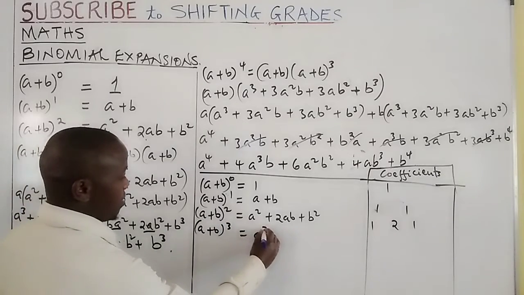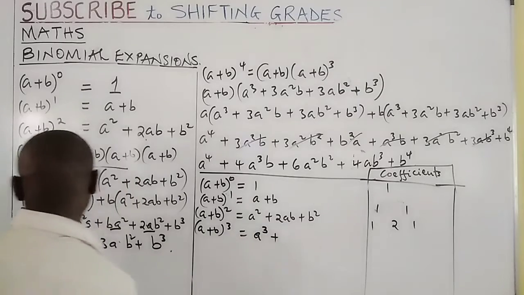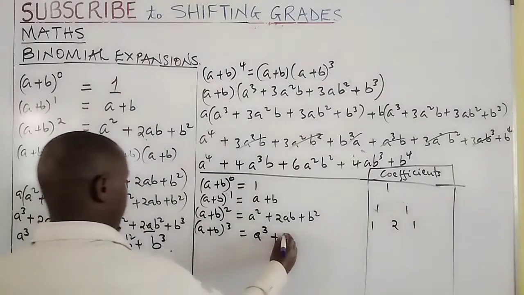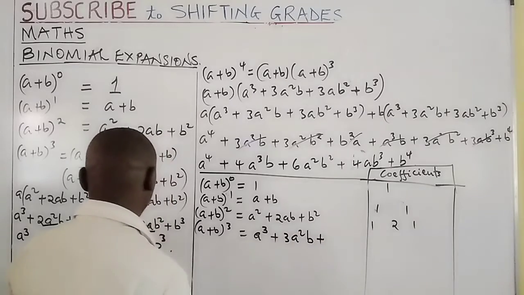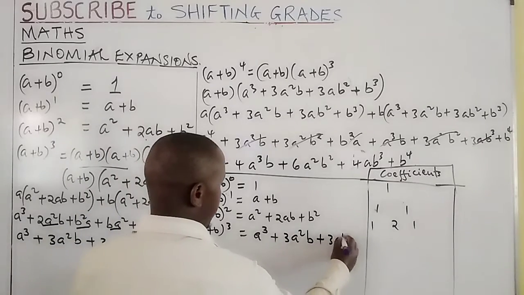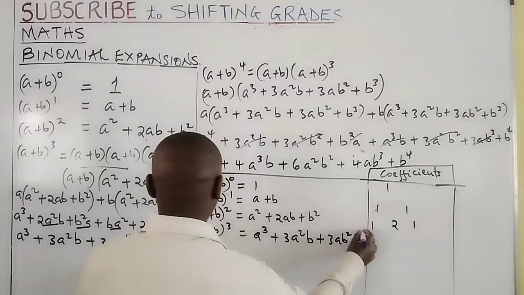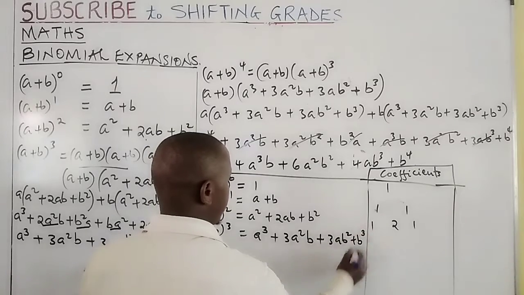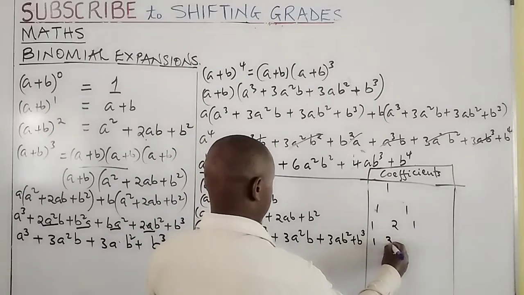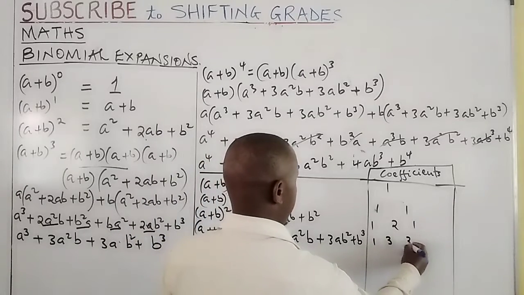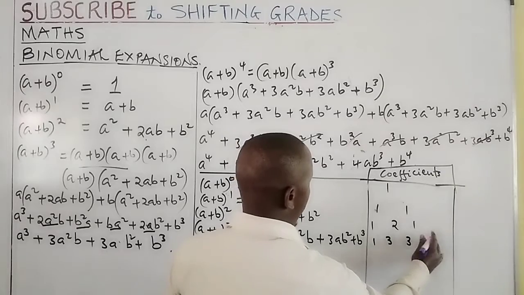We have a power 3 plus 3a squared b plus 3ab squared plus b power 3. Therefore, the coefficients are 1, 3, 3, 1.